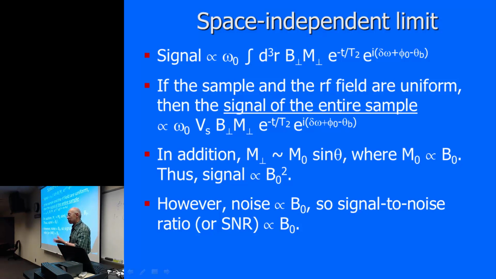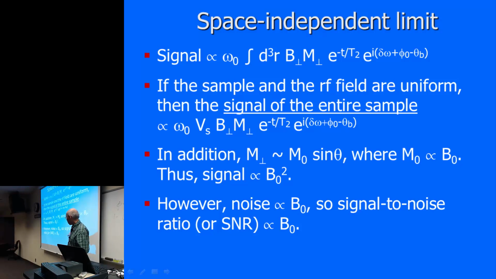If we just talk about the signal, which normally we will not just talk about signal, normally we will talk about the signal to noise ratio, but you will learn this in chapter 15. But if we just talk about signal, then signal is proportional to the square of the field. But the signal to noise ratio is proportional to the B field.